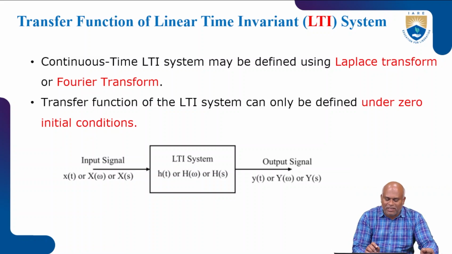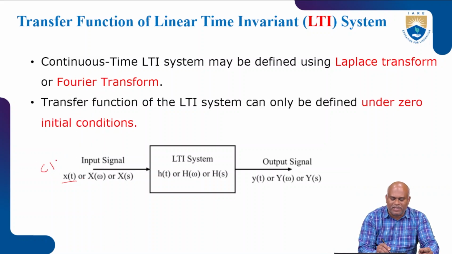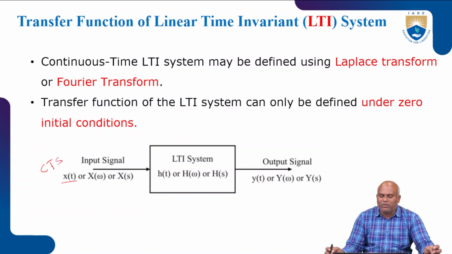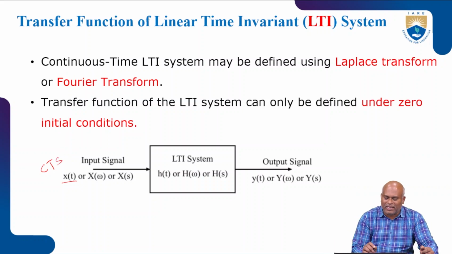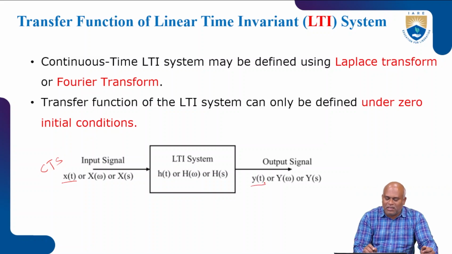Now we take the input, represented as x of t, a continuous time signal. If we give the continuous time signal to the LTI system, it produces the output y of t. The system function is represented as h of t.